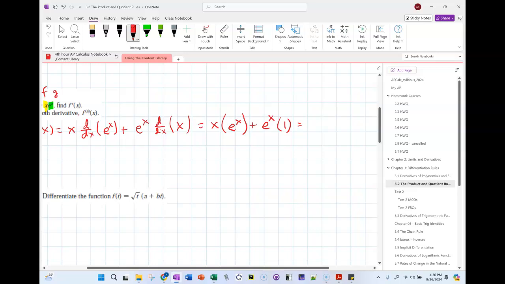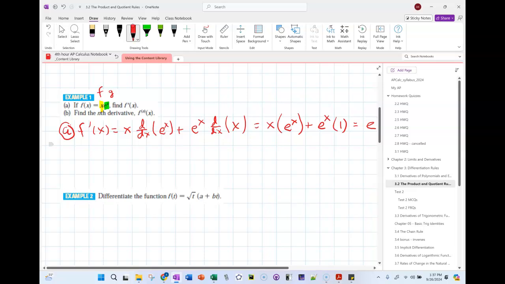So if I want to combine this, notice that each of these terms has a common factor of e to the x, so I can write that as e to the x times x plus 1. So far, so good.